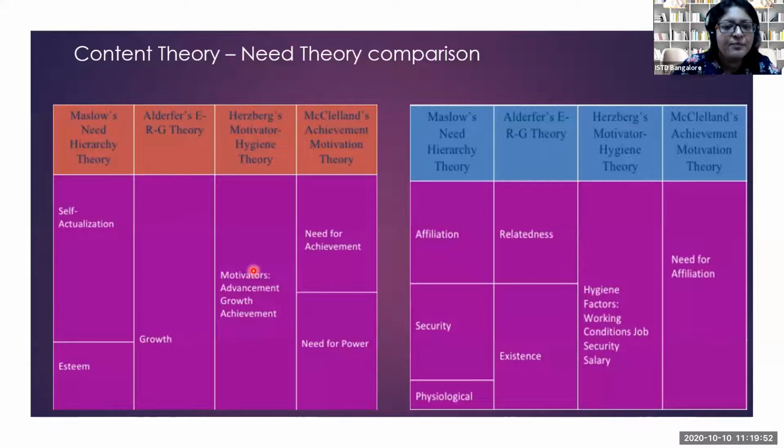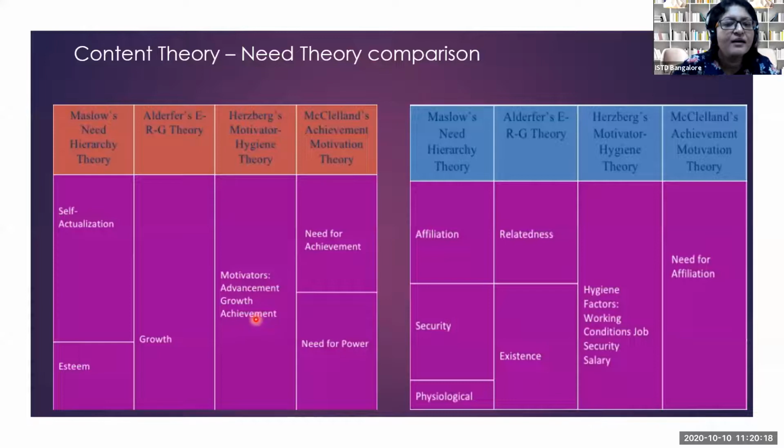But motivators are above and beyond what you have here. If you have a job, if you have good working conditions, now you will want more. Since you have a job, you are looking towards promotion, you are looking towards a bonus, salary revisions, further achievements.